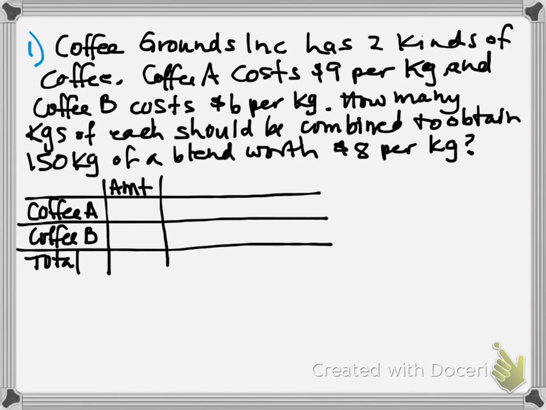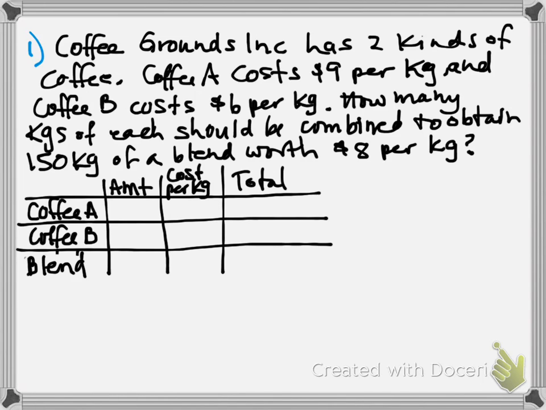So we have amount, we have cost per kilogram. In this particular case, these labels will change depending on what the unit measure is. So then we have total. We have two different types of totals. Maybe a better word would be, I'm going to change that word total here, and I'm going to call it mixture or blend.